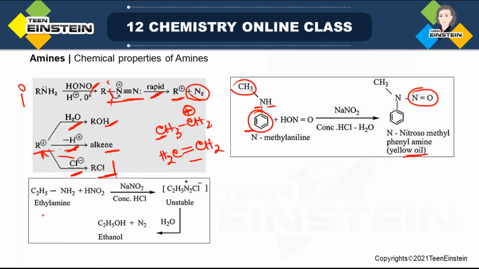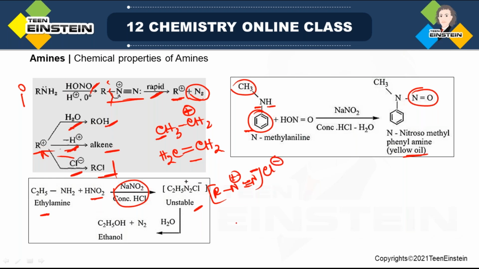Another 1 degree amine. In presence of NaNO2 and HCl, this will be produced. We do not use it directly. First there is unstable formation of R plus. Sorry, it is not R plus, it is neutral R. I am trying to write this structure. So this is actually C2H5N2 plus, and the counter ion you can write as Cl minus, which is coming from HCl.